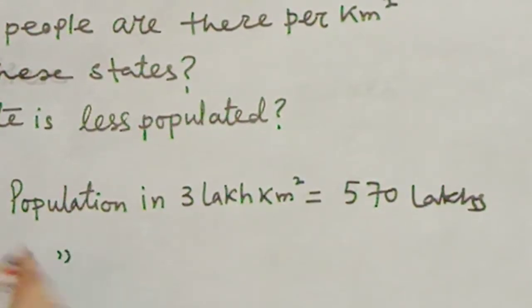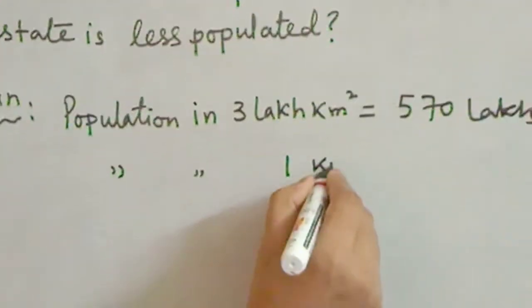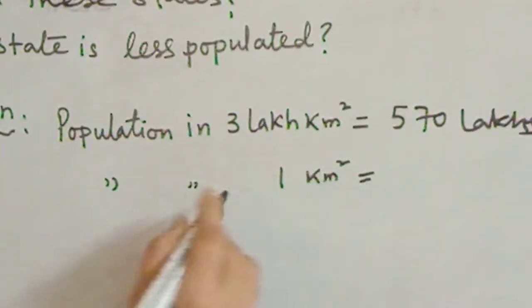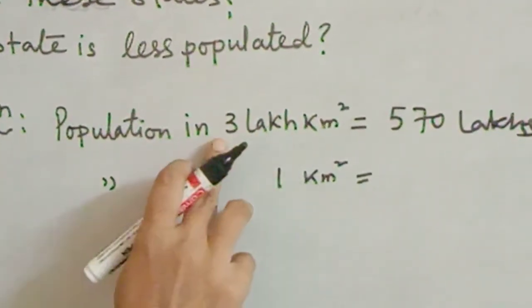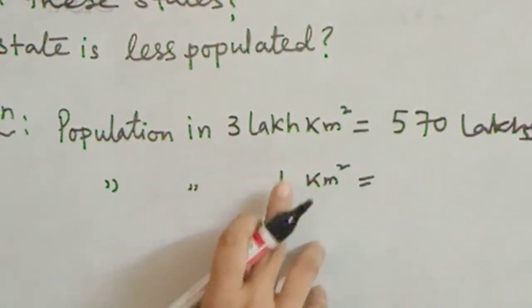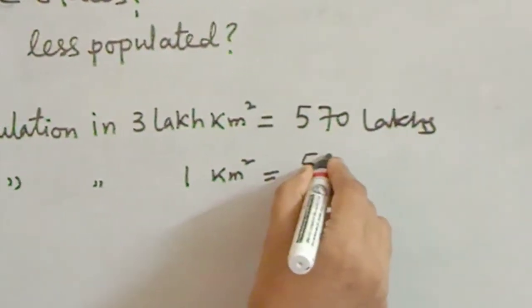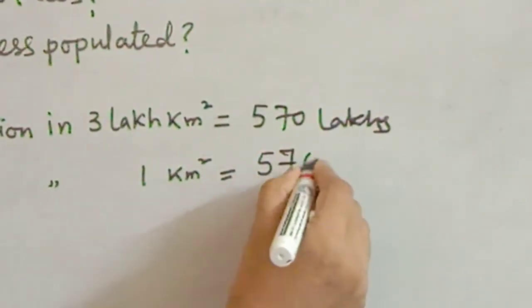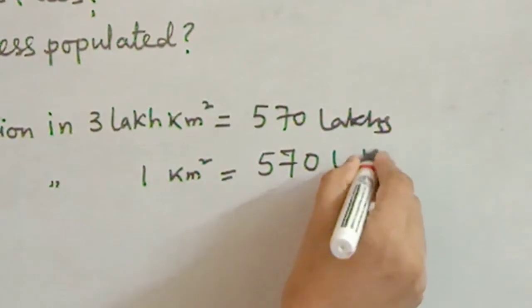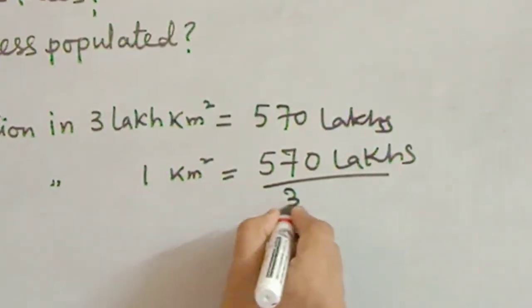Therefore, for Rajasthan, you have to divide this population by this area, 3 lakh.